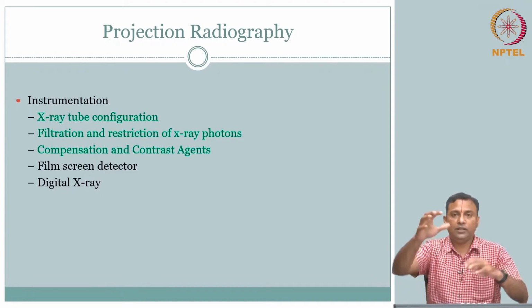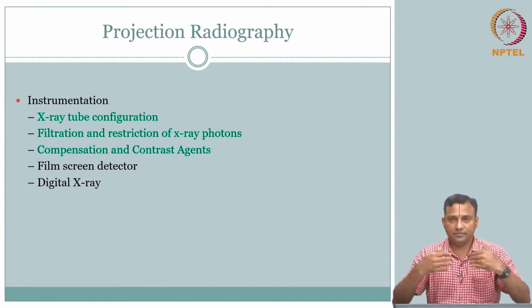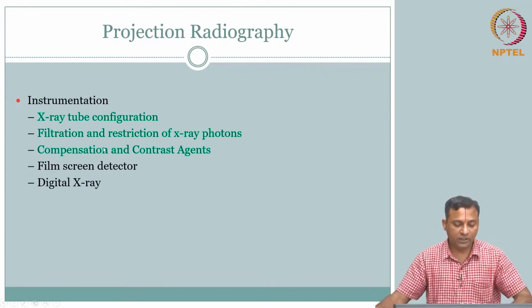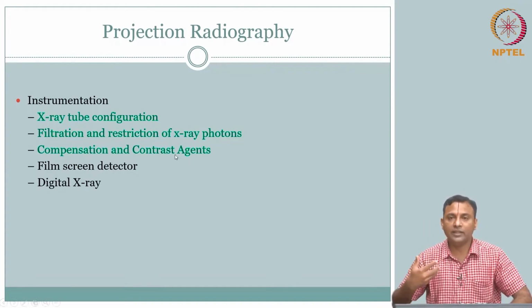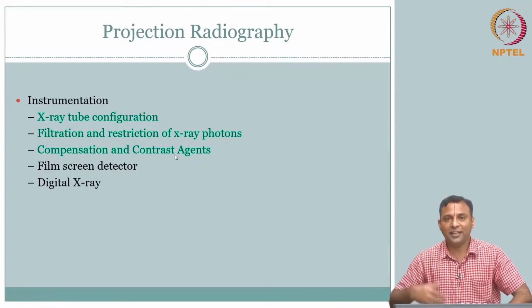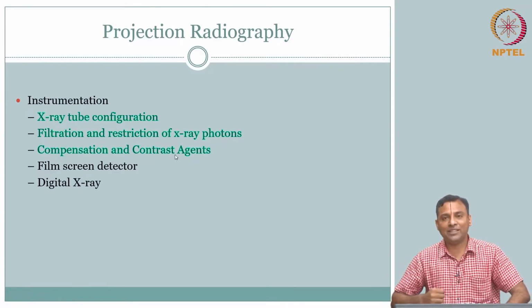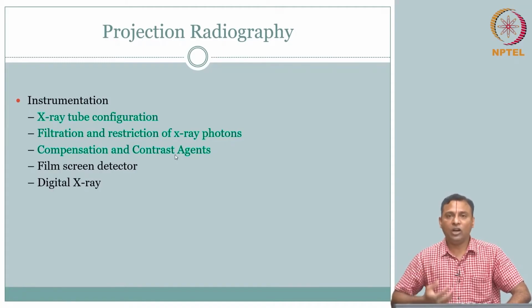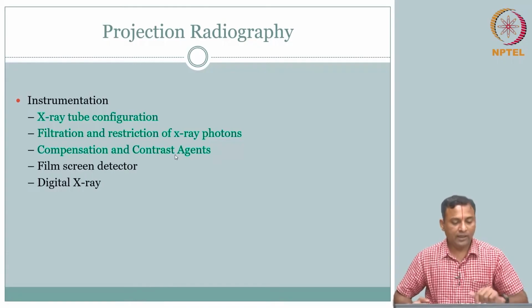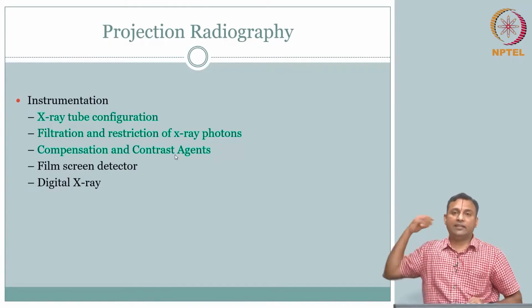So now you have source, body, right? Compensation and contrast agents had to do with engineering or maximizing the signal part, involving some tweaking with the object in place, and then you have your detector side.